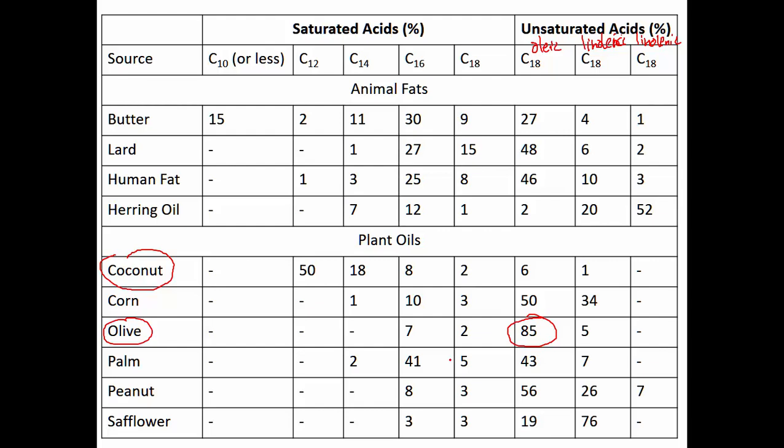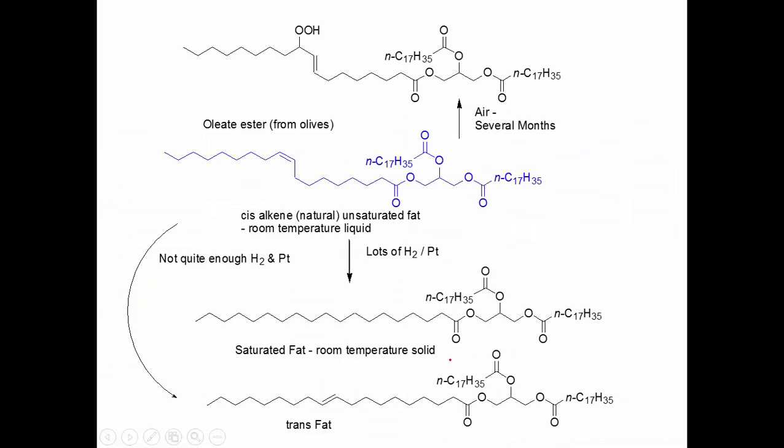Okay, so let's look at food science here, or food chemistry. All right, so it's easier to get fats from plant sources than animal sources. Nobody has to die.